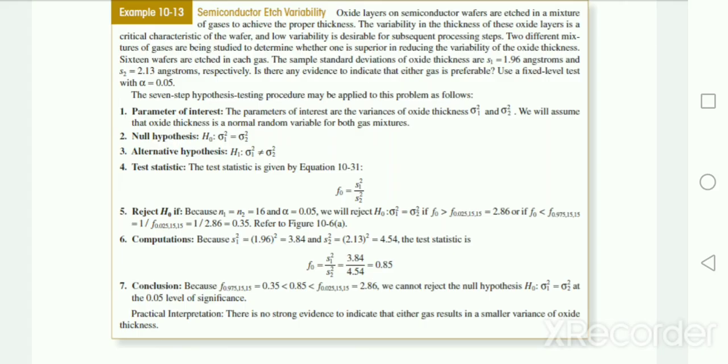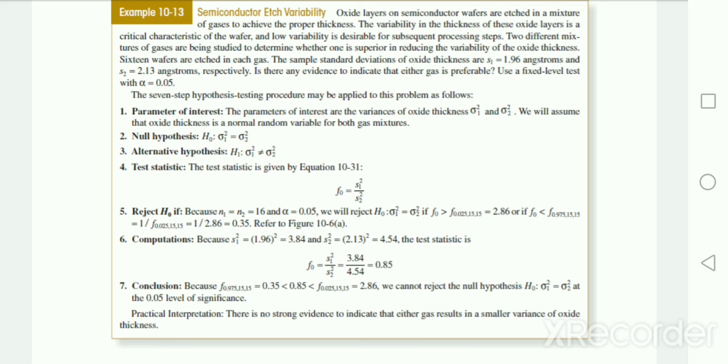Now see the example problem for testing the differences in population variance. The problem is the oxide layer problem. Here two different mixtures of gases are given, and 16 wafers are etched in each gas.